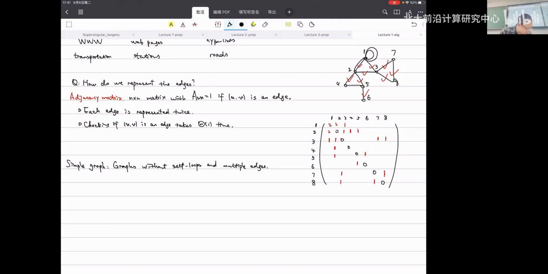This is just apparent. But I think there are actually some downsides of the adjacency matrix, and maybe let's see that. Identifying all edges takes theta n squared time.